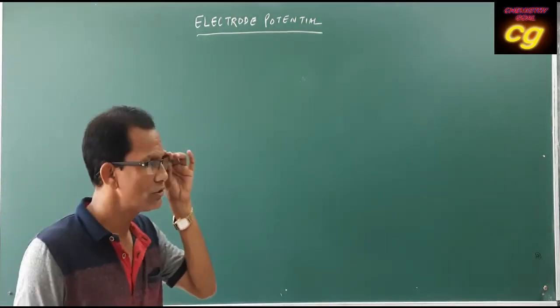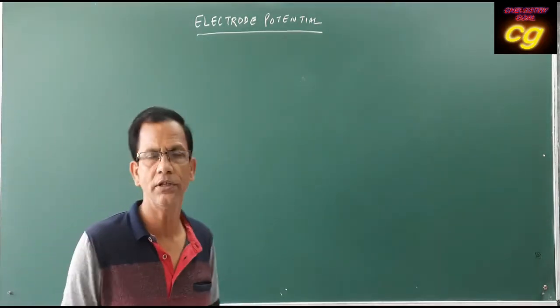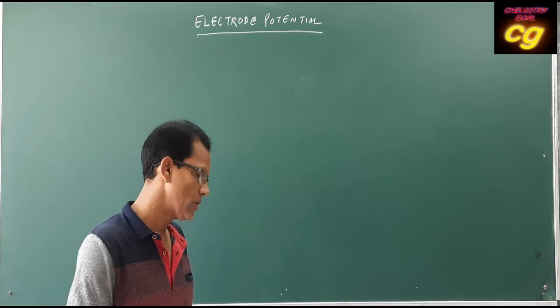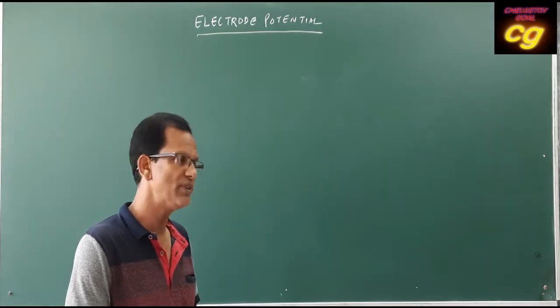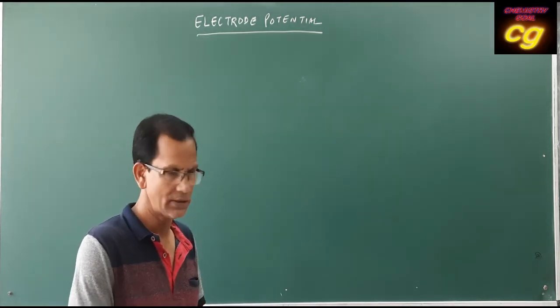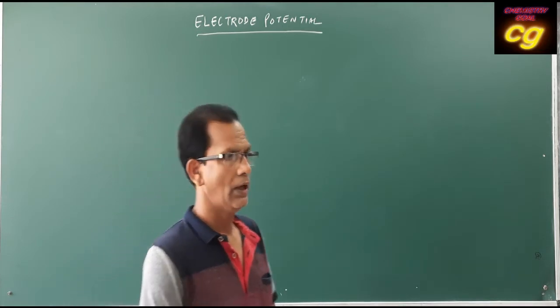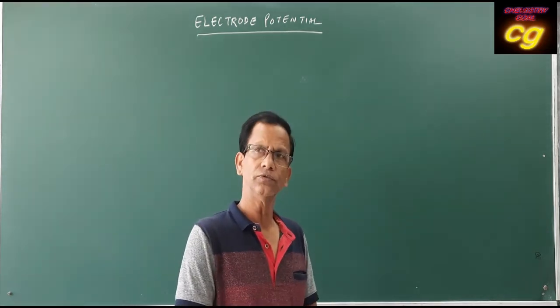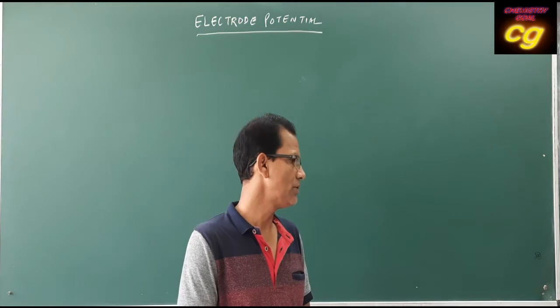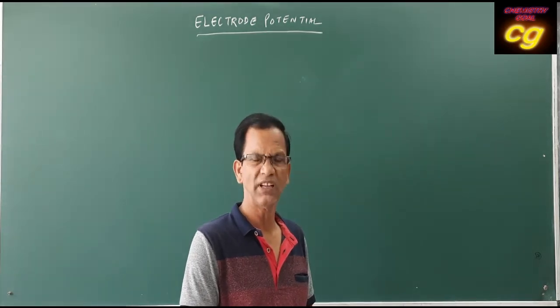Now we are going to discuss a very important topic, that is electrode potential. In the last class we already discussed the electrochemical cell, in which chemical energy is converted to electrical energy.